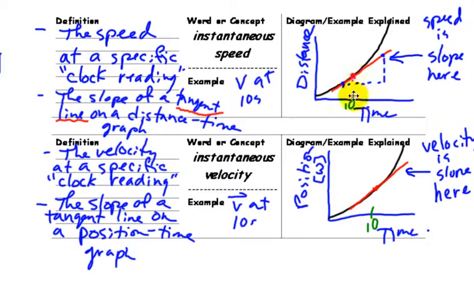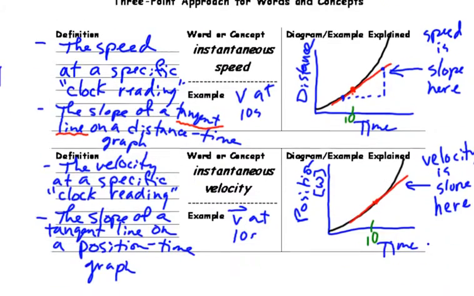So once again, whatever point you're looking at, you're trying to maximize the slope by taking a ruler and kind of visualizing, extending it in both directions what the slope of that line would look like, and drawing that line. Okay, so that's it. That's the third booklet for the speed velocity section.